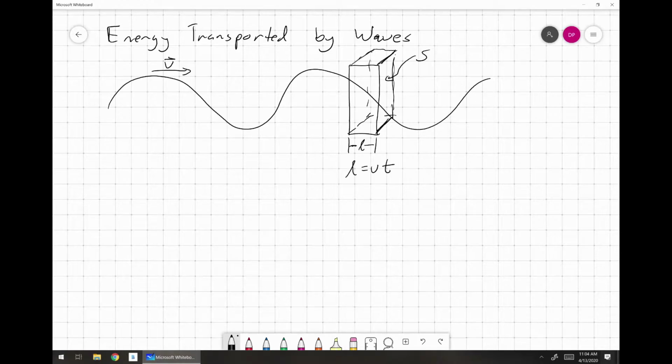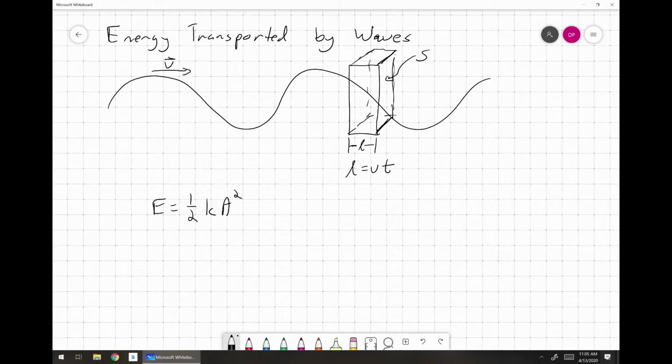Okay, so as this wave travels through here, say we have a transverse wave, then we know that particles are going to be moving up and down in simple harmonic motion, right? And we know the energy associated with simple harmonic motion is going to be 1/2 k, this force constant, times the amplitude of that oscillation squared, right?